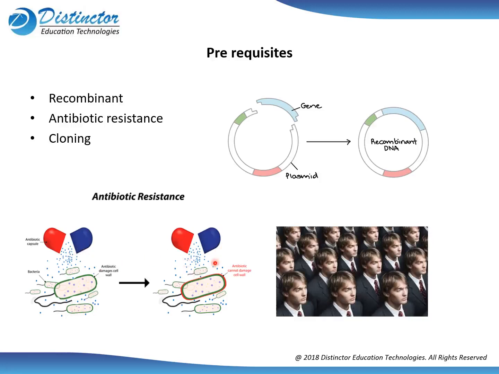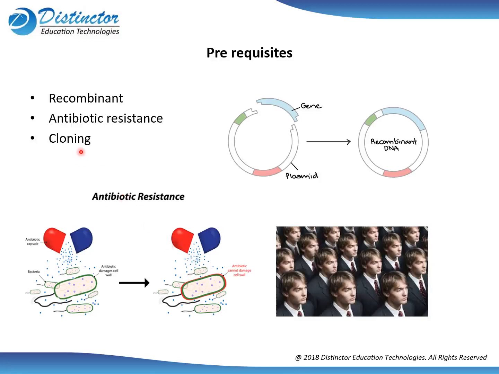But if they have resistance, they cannot be easily killed. That is called the antibiotic resistant property. Some bacteria exhibit this property, and we are going to see how it plays a role in a cloning vector. So antibiotic resistant means resistant to the antibiotics.